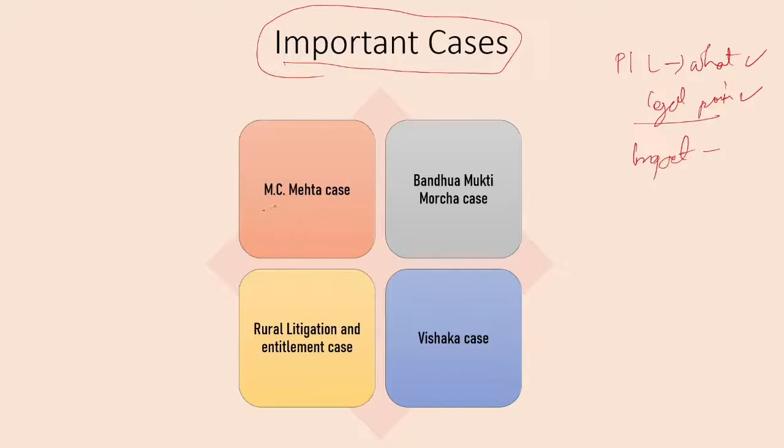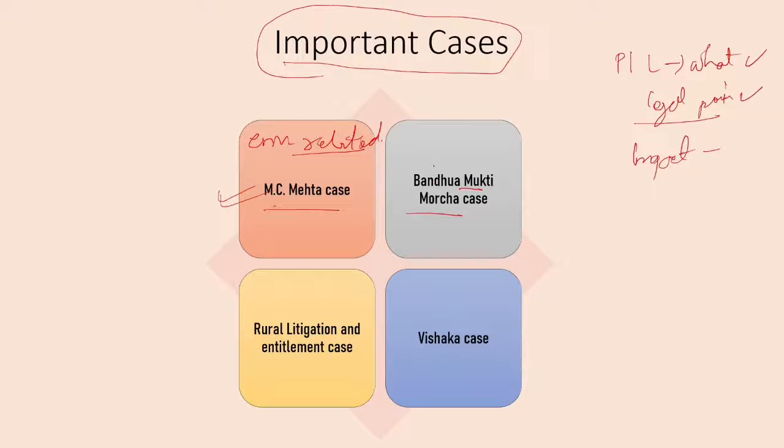MC Mehta case. This is an environment case, related to pollution caused by the industries, and the Supreme Court shut down a lot of industries and made them comply with the environmental regulations, and they were allowed to open only after that.